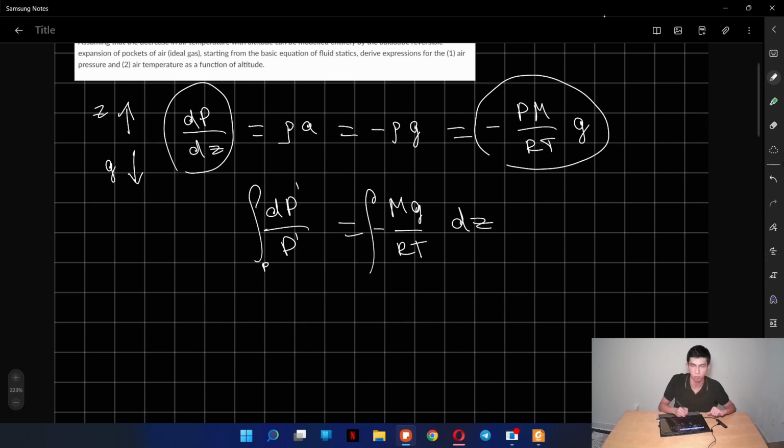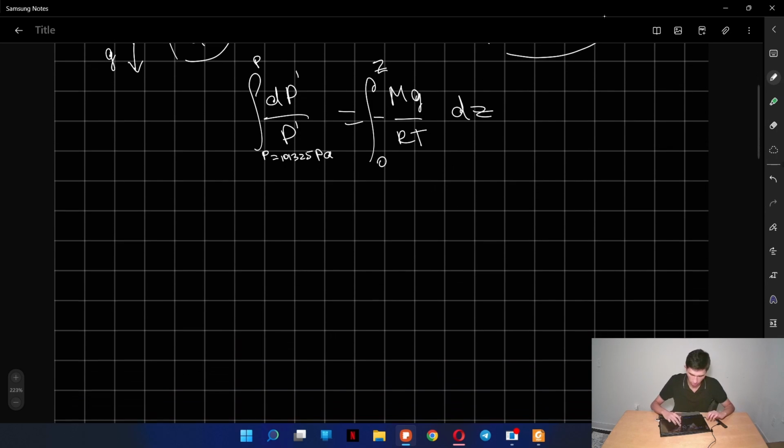For the pressure, we're going to start from atmospheric pressure, 101,325 pascals, to some pressure P. And for z, we're going to start from 0 to some height z.